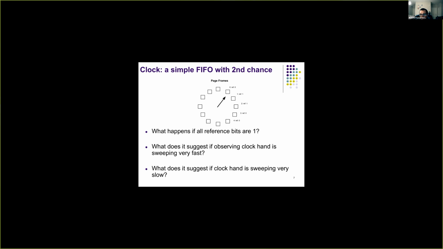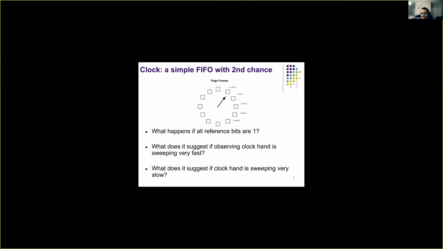And there are a few interesting scenarios that we can infer based on how fast the clock hand is moving. So what does it suggest if we observe that the clock hand is moving very fast? This suggests that there is huge memory pressure, right?